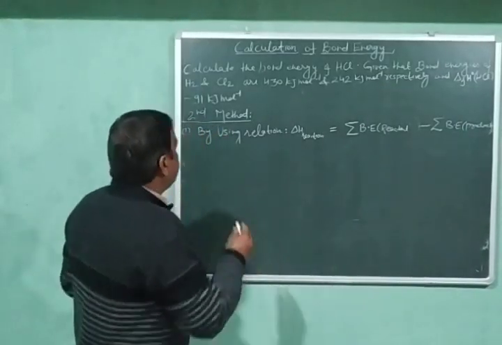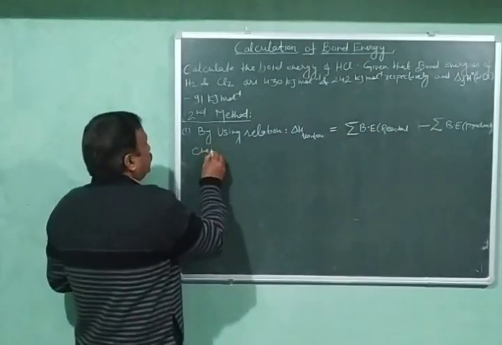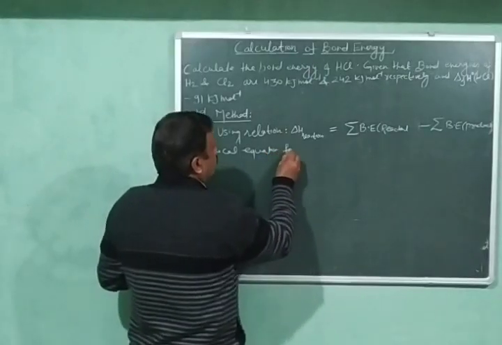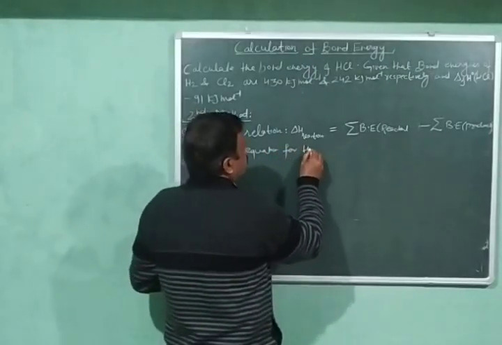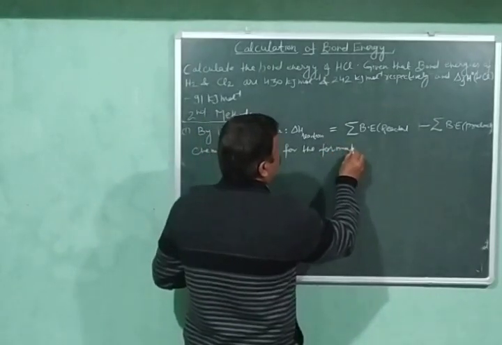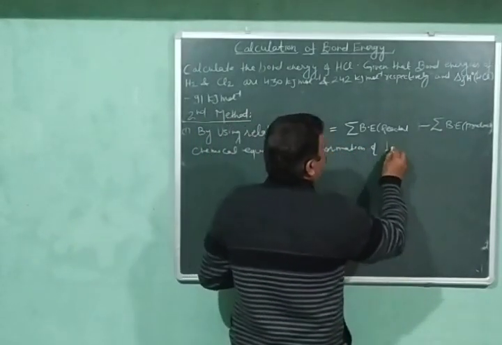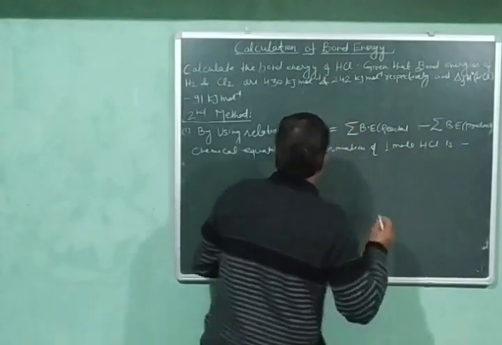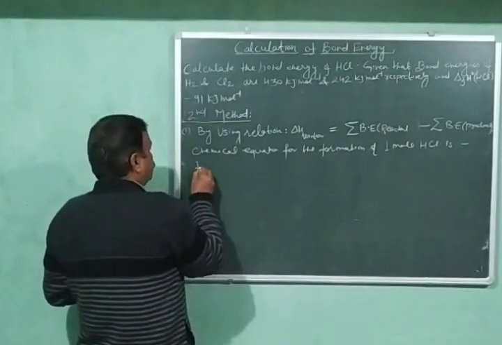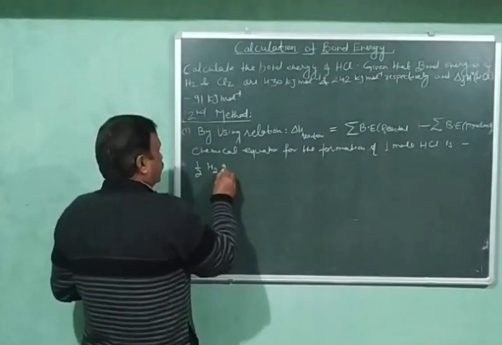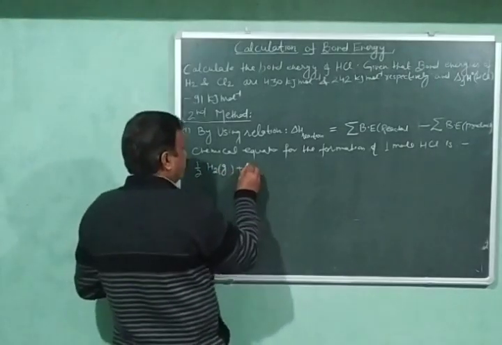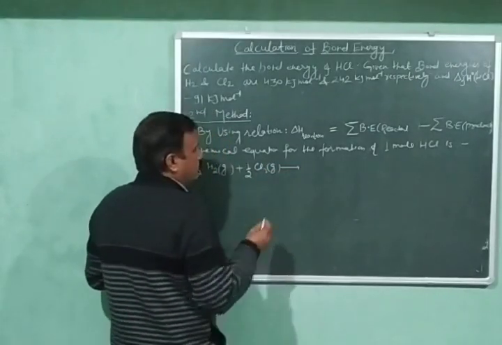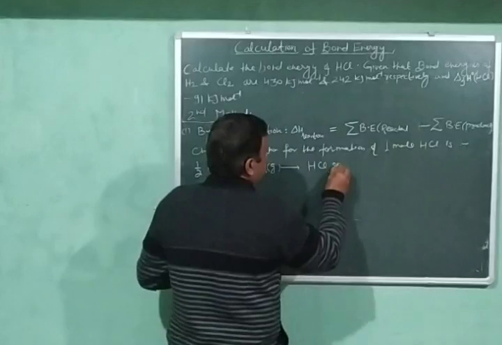Okay, and the chemical equation for the formation of 1 mole of HCl is, that is, half mole of hydrogen molecules plus half mole of chlorine molecules giving us 1 mole of HCl gaseous.